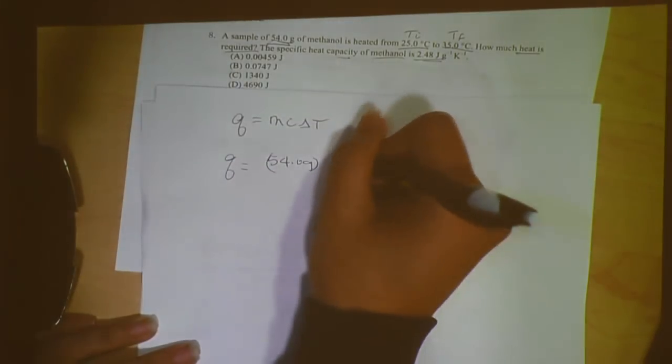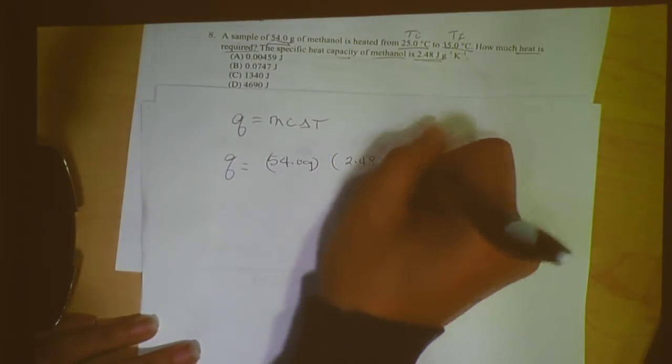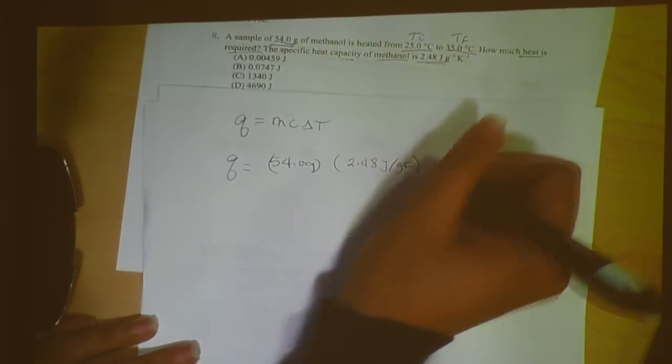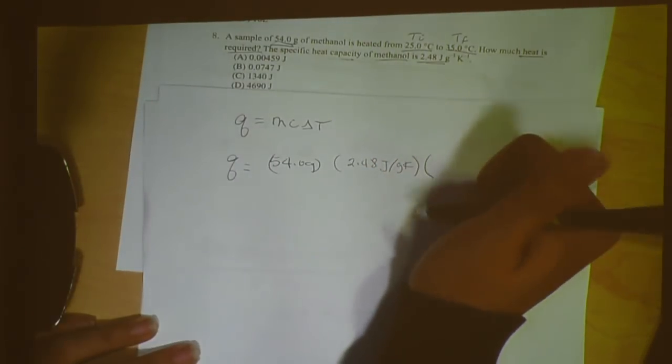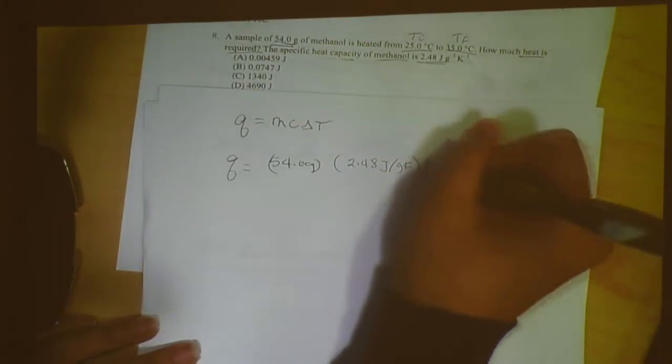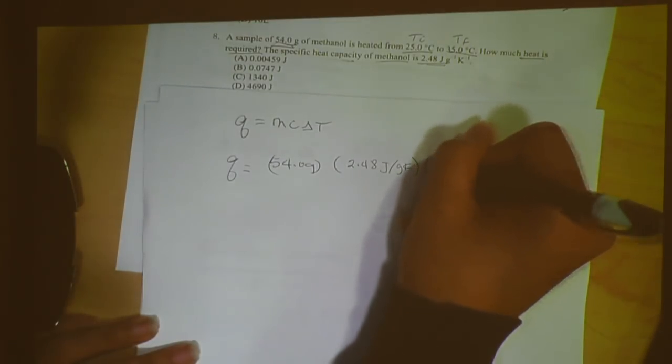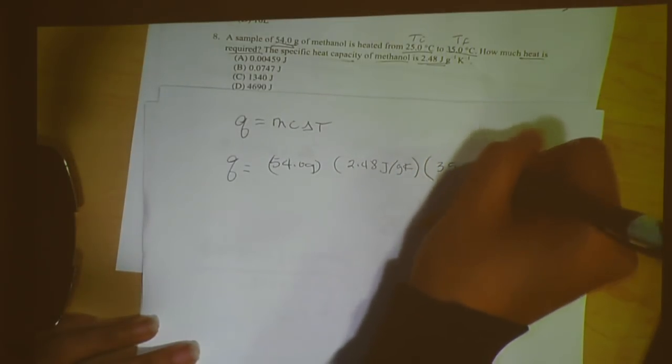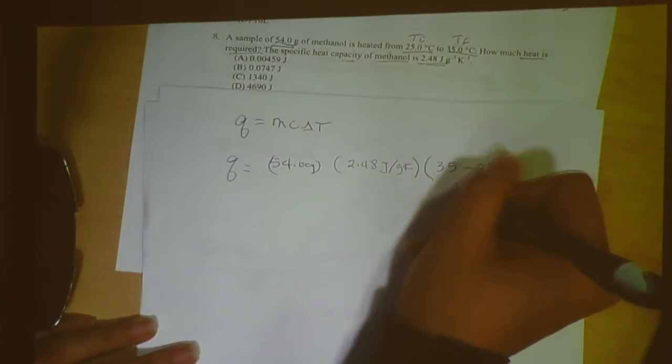So Q is the heat I am trying to find. I have 54 grams. C is 2.48 joules per gram Kelvin. And the delta T is going to be 35 minus 25, which is 10.